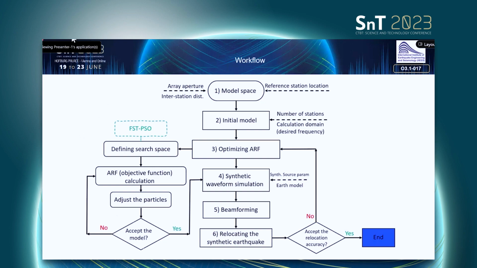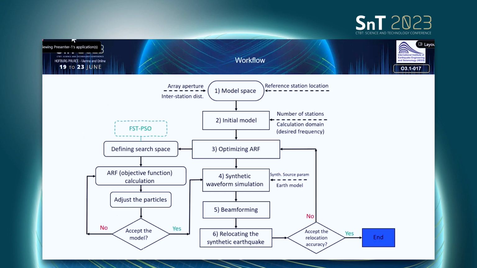We have considered the array design as an optimization problem, and in this flowchart, I've tried to show you the main steps of our approach. It consists of 6 main steps. First, we construct the model space by setting the initial parameters, including array aperture, interstation distance, and the location of the reference station. Next, we build the initial model by setting the number of array stations and calculation domain.